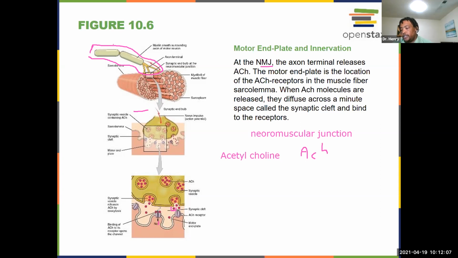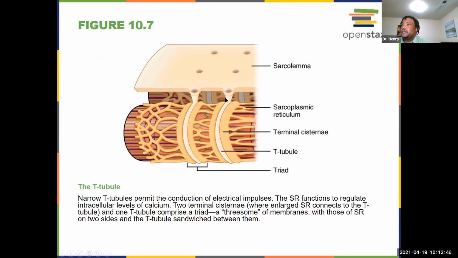So your positive charges are able to go through that muscle fiber, and it causes it to depolarize. Okay. Questions, concerns, Cash?